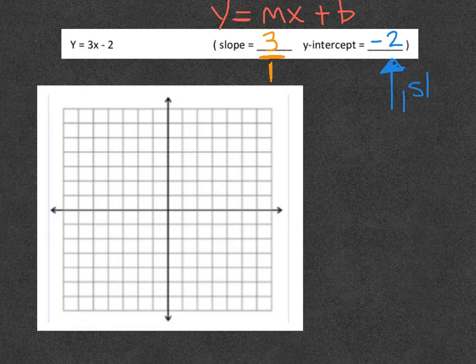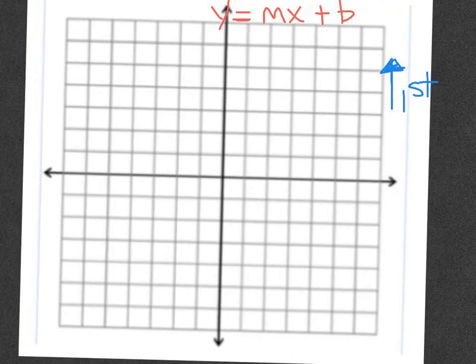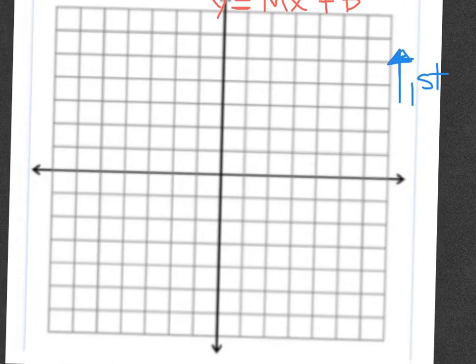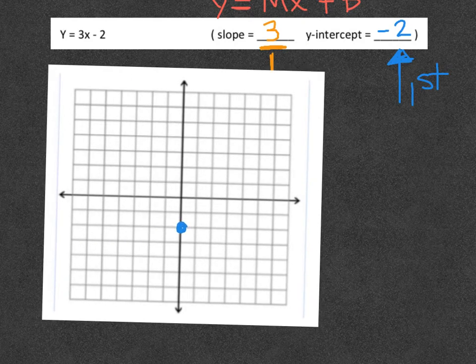First step, it says negative 2. So I need to take my graph, and if I zoom in, you always start at 0. Negative 2 would be going down. And I would place a dot at negative 2. So I'll come back into normal view kind of right there.